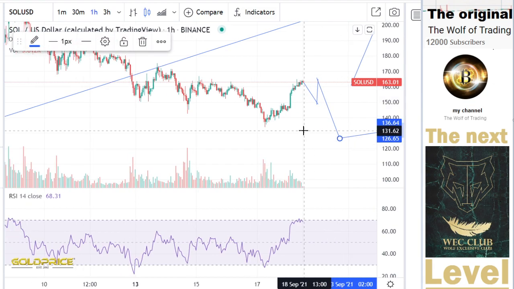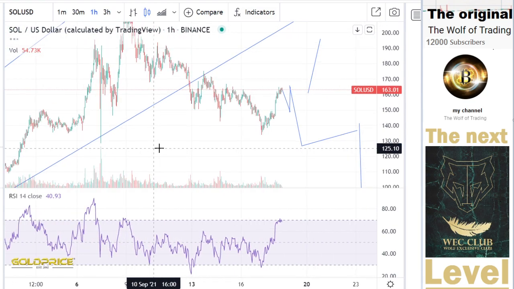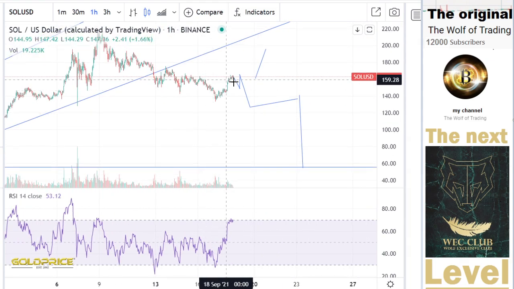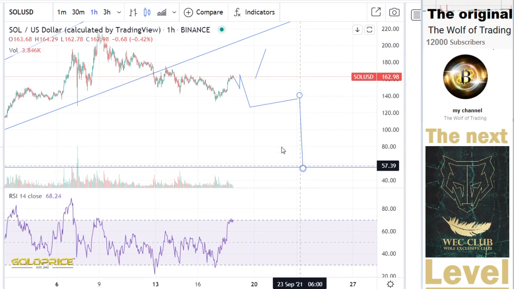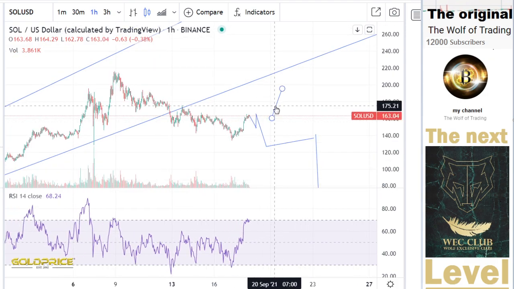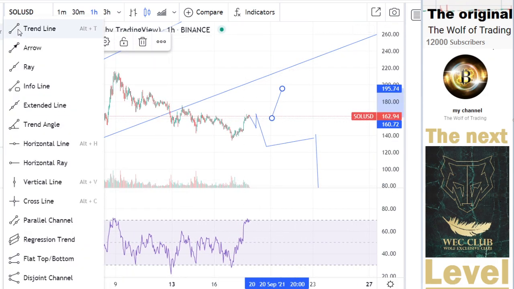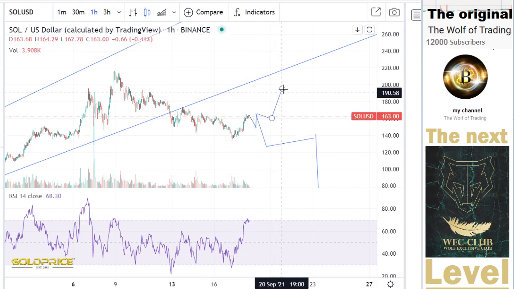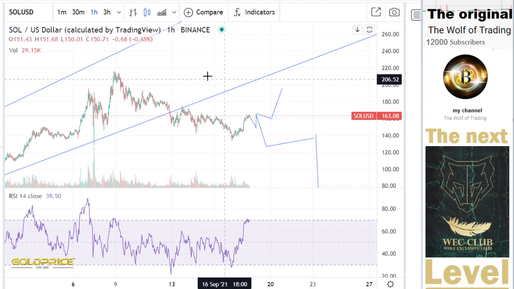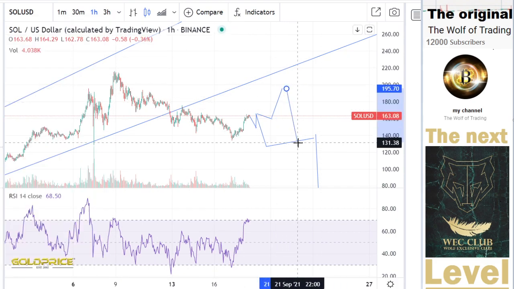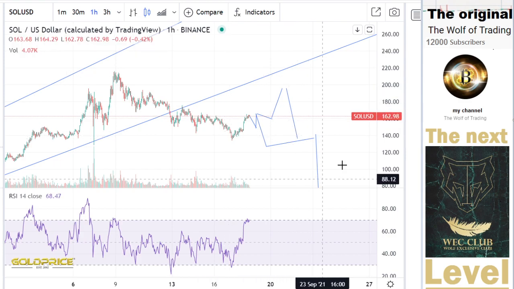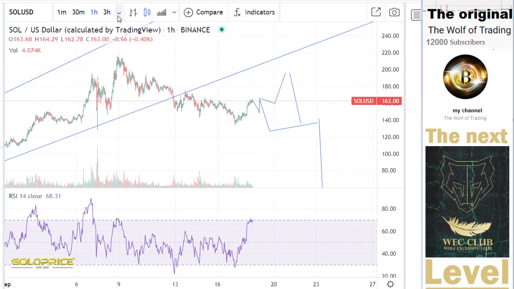So these two possibilities we have here. One possibility is the price is going to the downside, 60. The other possibility is something like that: the price is going sideways and moves to 195, and after that the price drops in that way. So these two possibilities we have.